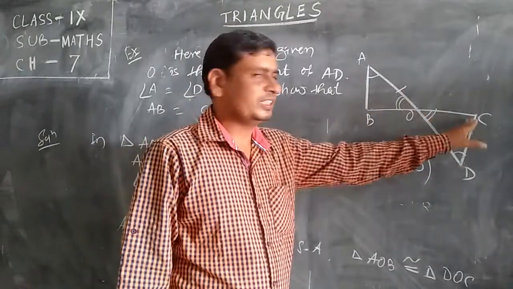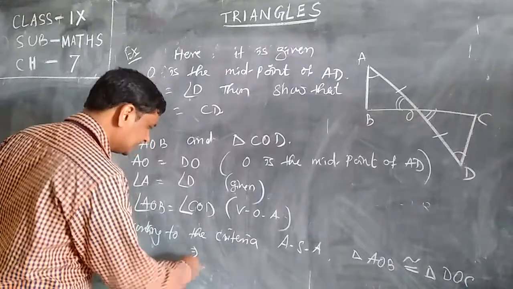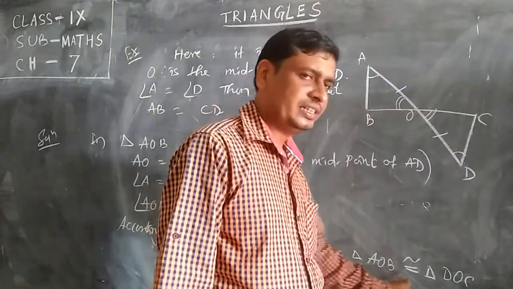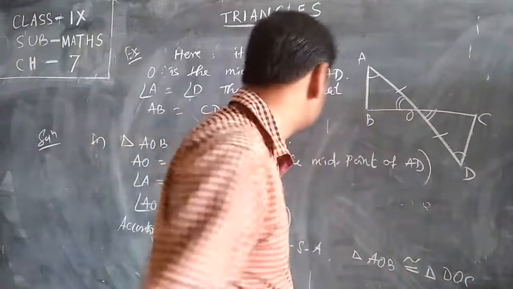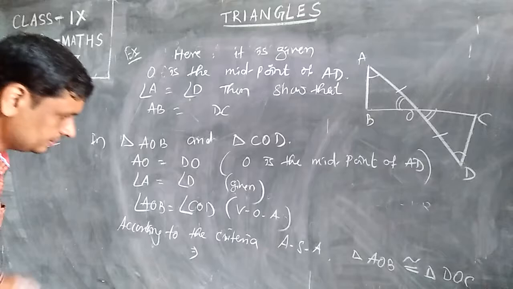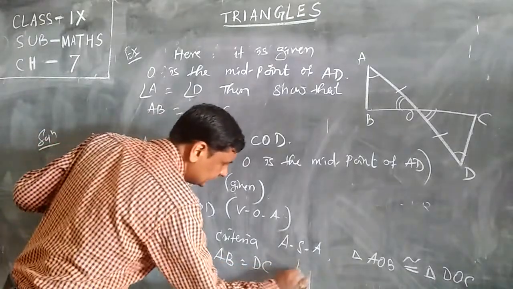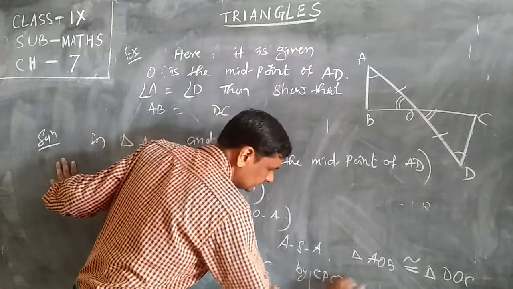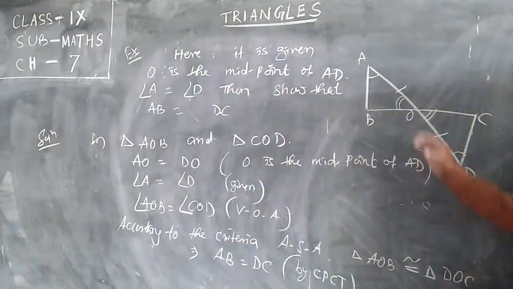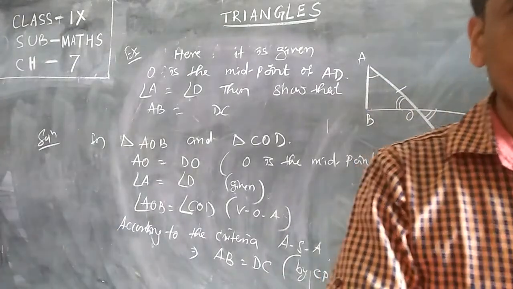AOB and DOC both are congruent. This implies side AB equals side DC by CPC, corresponding parts of congruent triangles. Side AB and side DC will be equal here.